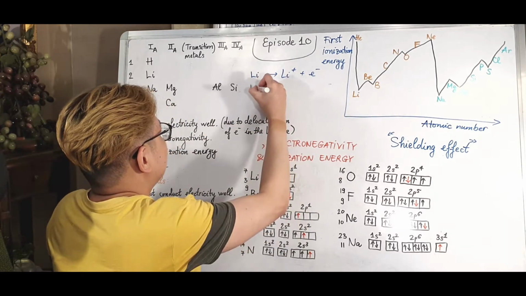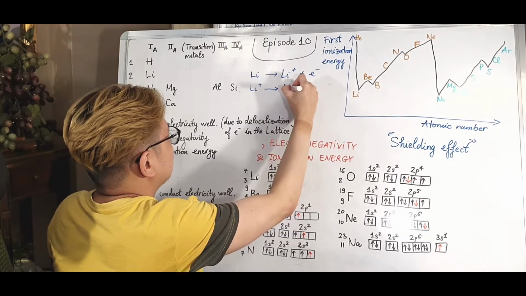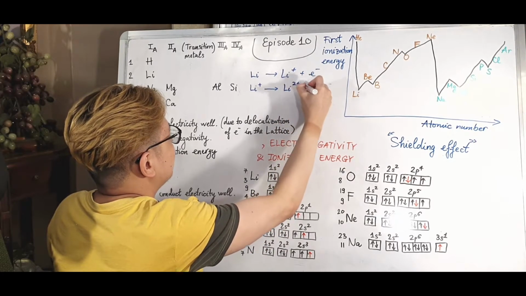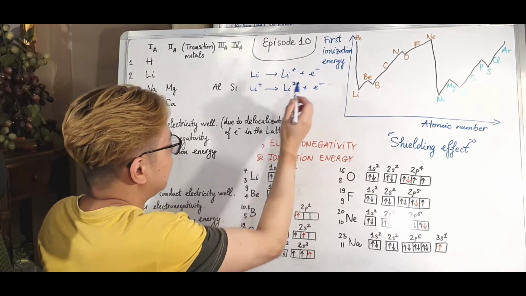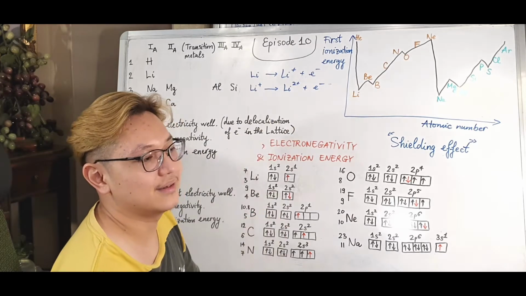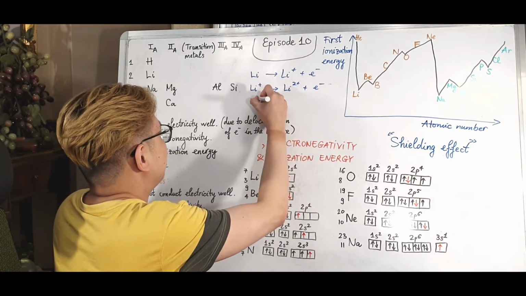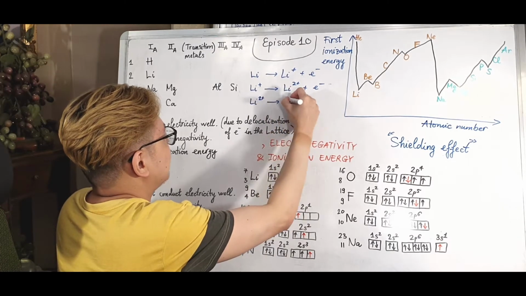However, if I want to remove even further, so it becomes lithium 2 plus, and I want to remove one more electron from that, the energy required is called the second ionization energy. And if I want to remove even further, I can do that, of course.